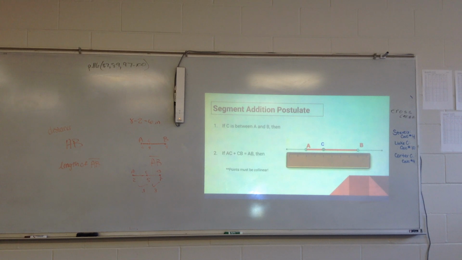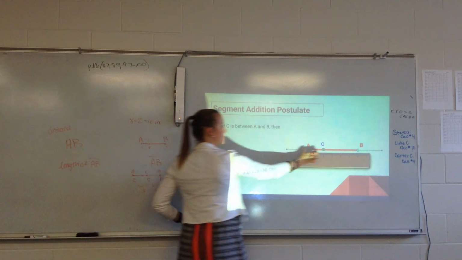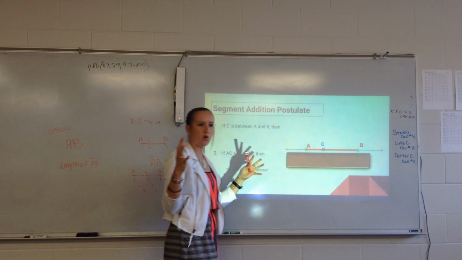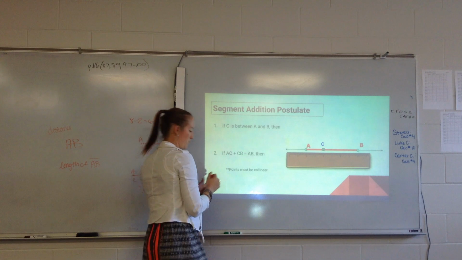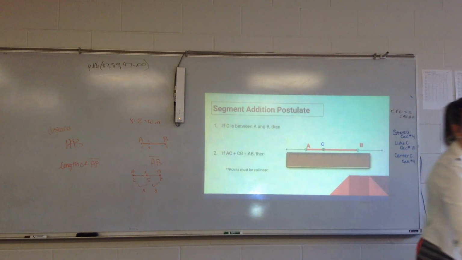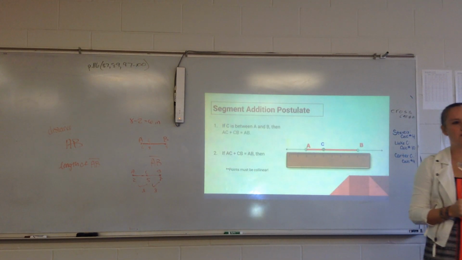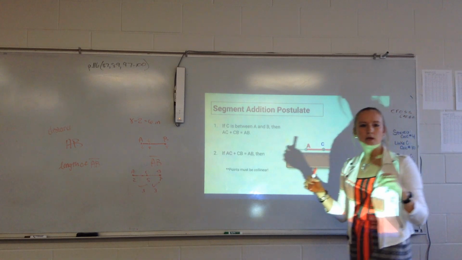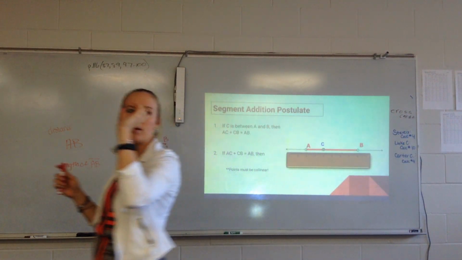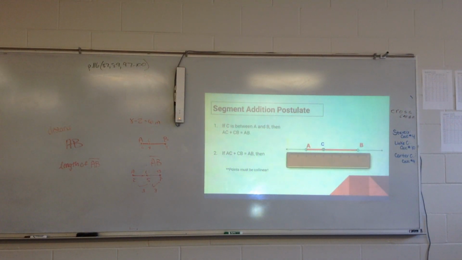We can add them, right? We can add the two segments together, this one and this one, to get our whole part. So, that's what we're going to put. If we have a point in between the two, then if we add AC plus CB, we get AB.